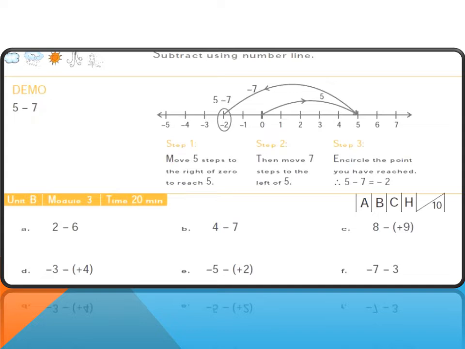So from the position 5, if we backtrace 7 steps to the left hand side, we will reach minus 2. So we will get 5 minus 7 equal to minus 2. So this is the way you will have to do subtraction using a number line.